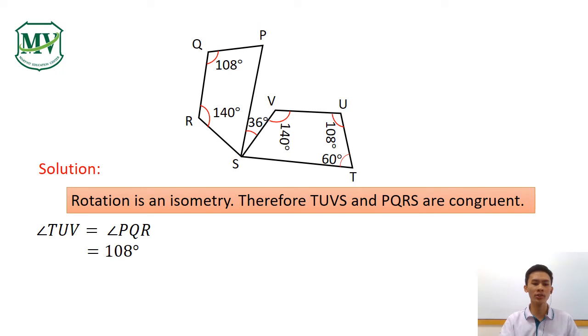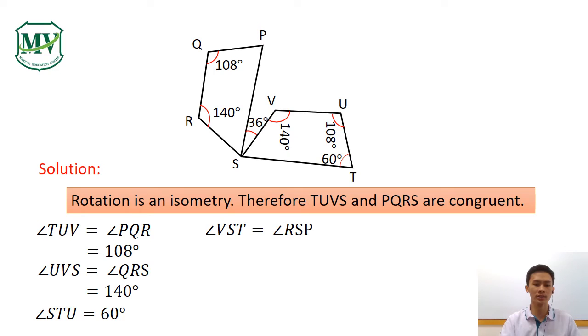So angle TUV is equal to angle PQR, which is equal to 108 degrees. And angle UVS is equal to angle QRS, which is equal to 140 degrees, and angle STU is equal to 60 degrees. Angle VST is equal to angle RSP.